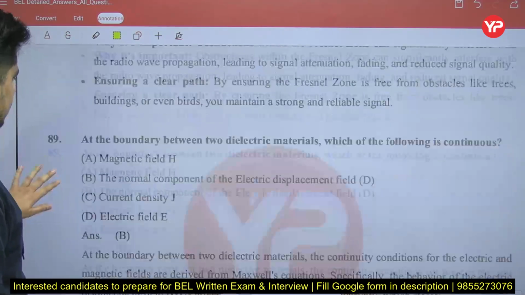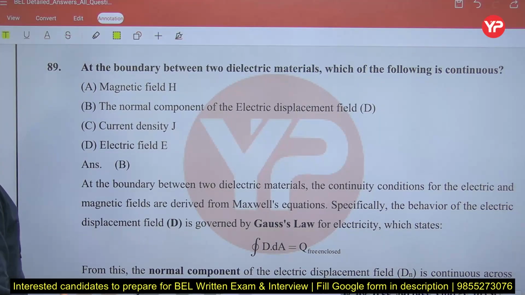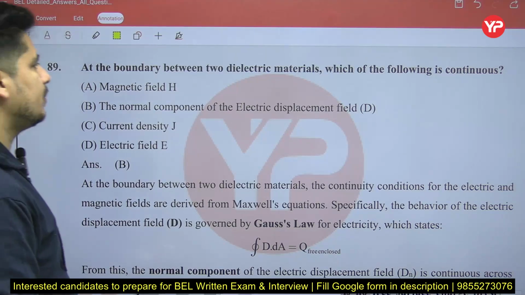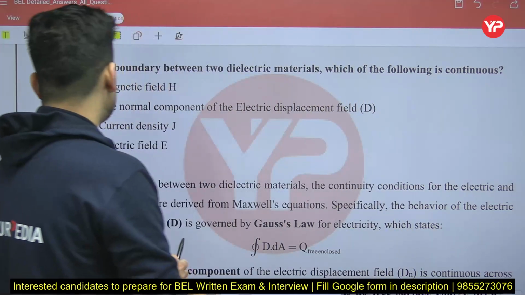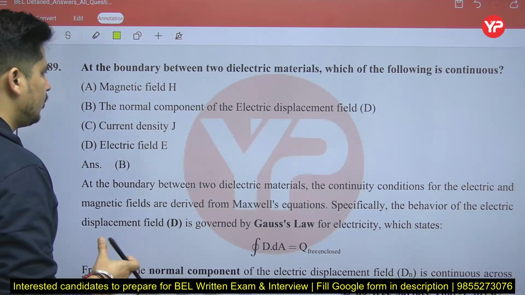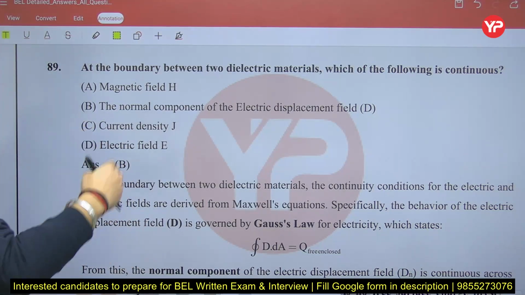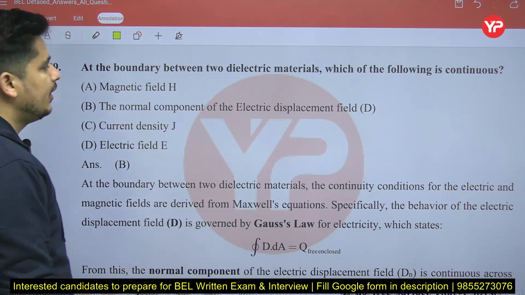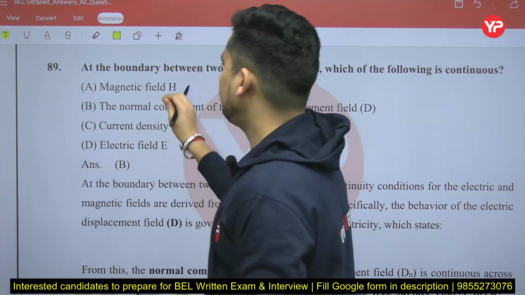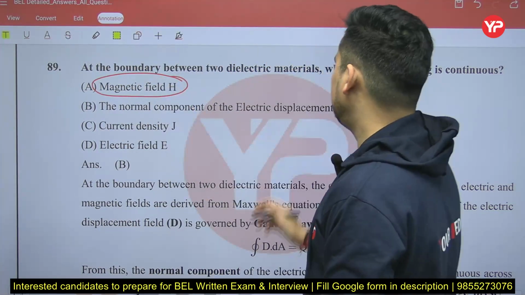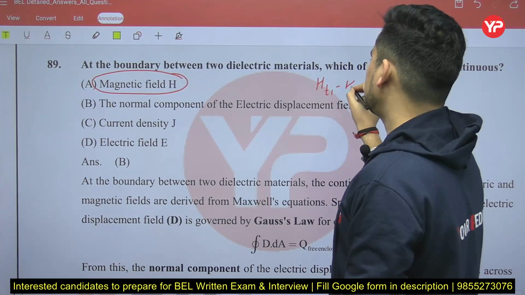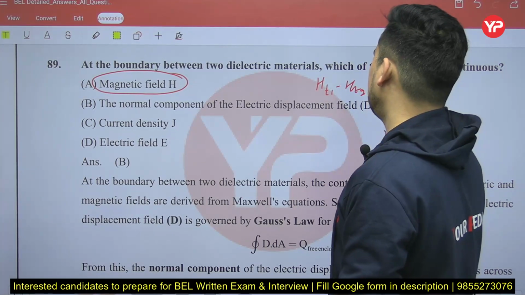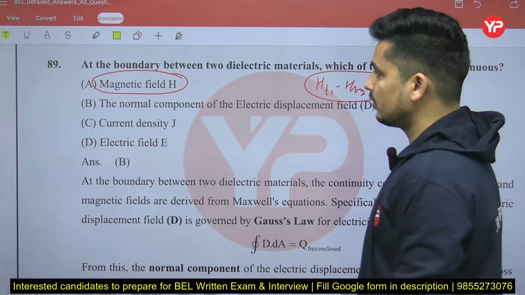At the boundary between two dielectric materials, which of the following is continuous? Basically, if I am talking about the boundary between two dielectrics, first thing, the magnetic field. You remember that Ht1 minus Ht2 depends on K, so it is not continuous.